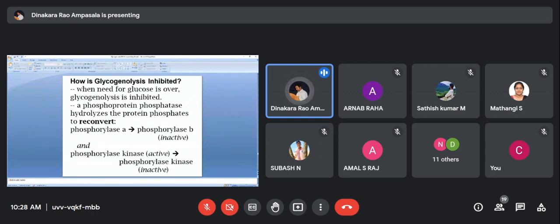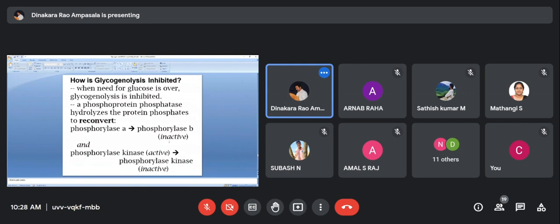Likewise, the phosphate molecule is removed from phosphorylase kinase active form, and it becomes the phosphorylase kinase inactive form. By removal of phosphate molecules on these proteins, they become inactive.